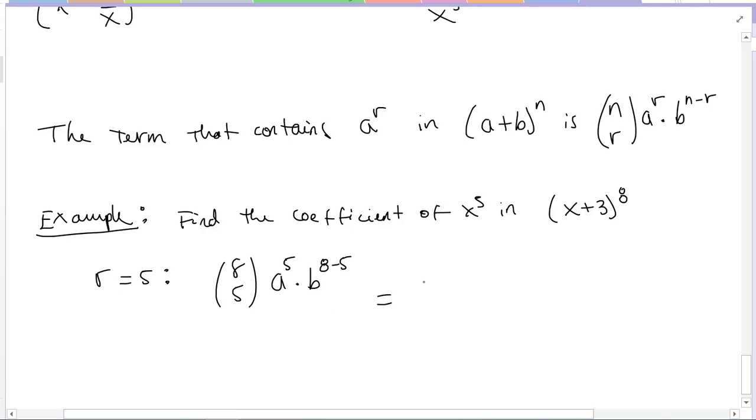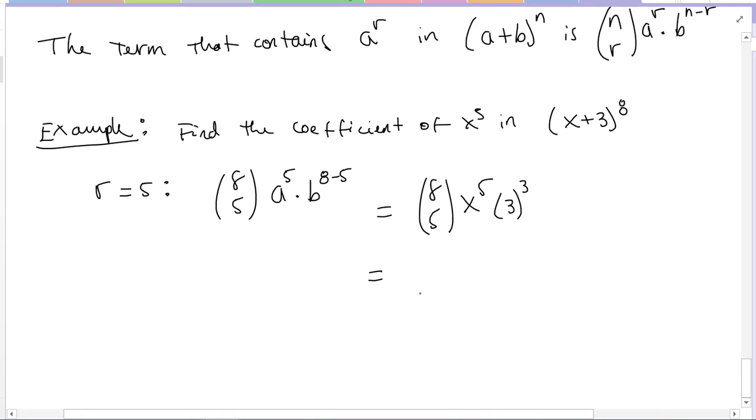So that's going to be 8 choose 5, what's a? A is x, so x to the fifth, and what's b? B is 3, so 3 to the 8 minus 5, which is 3. And so we do the definition of 8 choose 5.